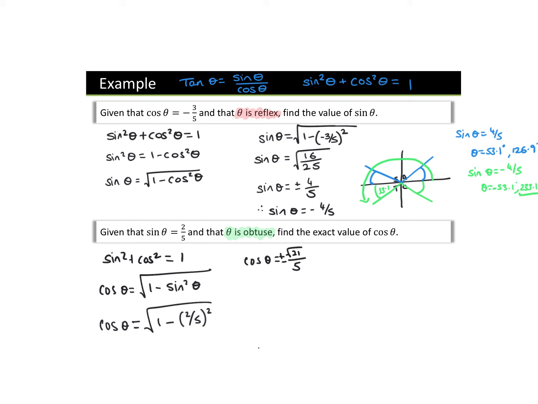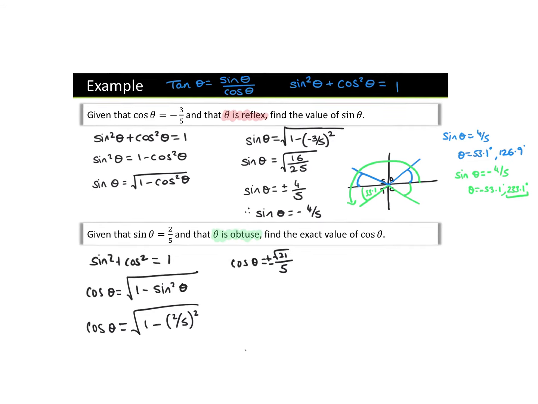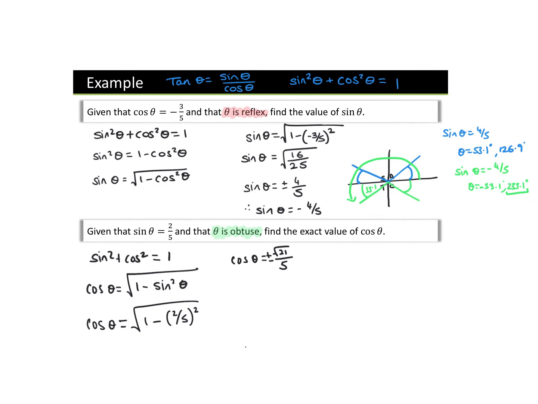Okay? Now, which one is going to give me the obtuse angle? Now, when in doubt, draw it out. So, we could try cos theta equals plus root 21 over 5. What does theta equal? Shift cos of root 21 over 5 is 23.6.